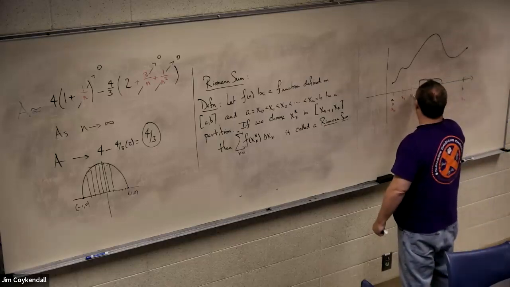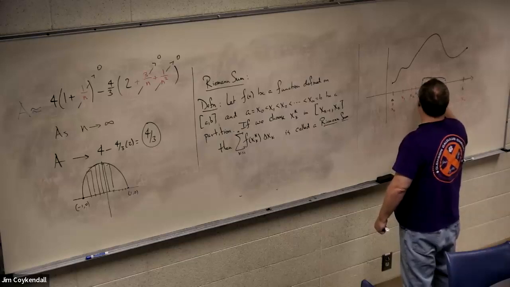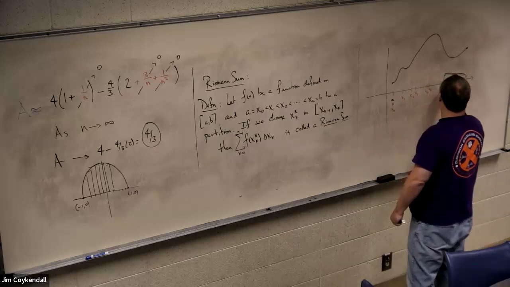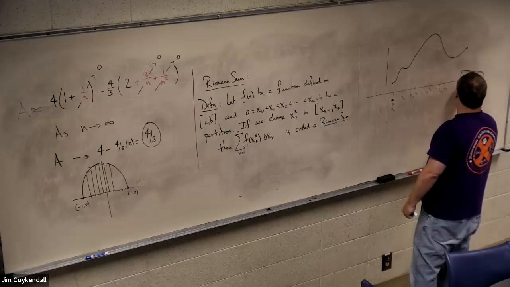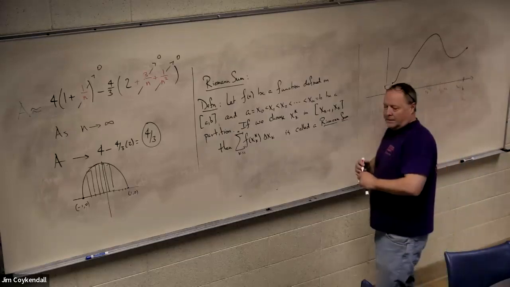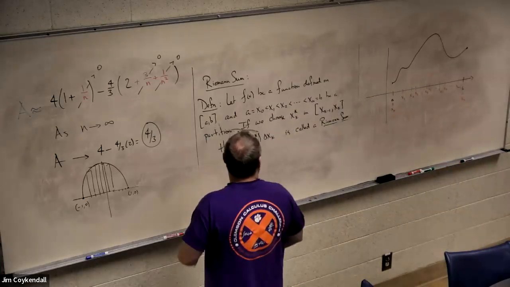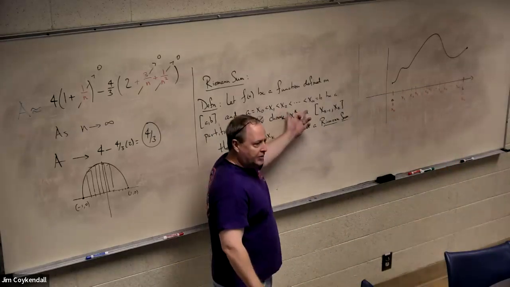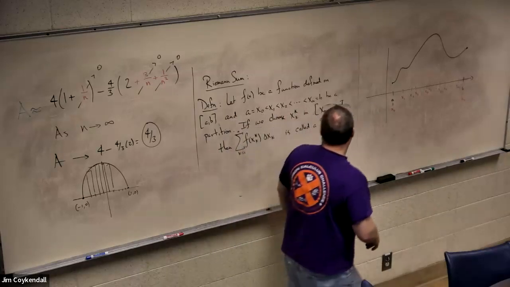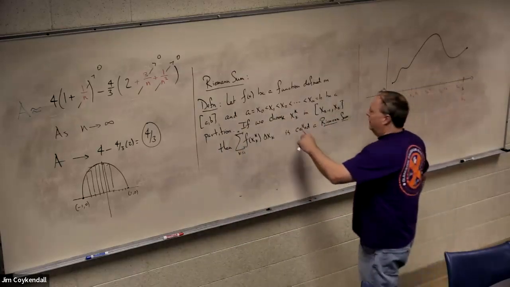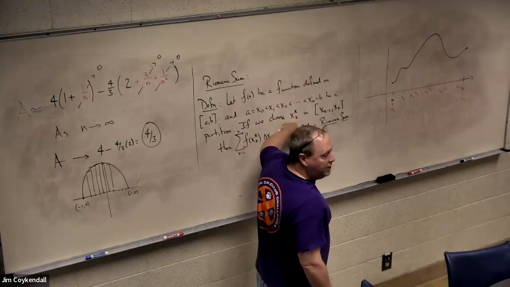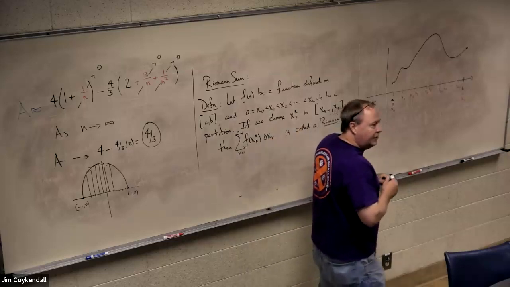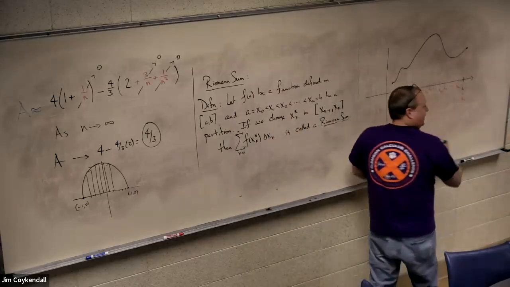Here's x1, x2, x3, x4, x5, xk minus 1, xk, xn minus 1. This is the partition we have. The xk star, I often call a test point. It is the point you use for determining height of the rectangle, and I can choose it anywhere.